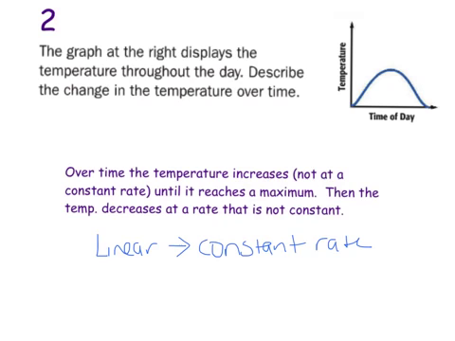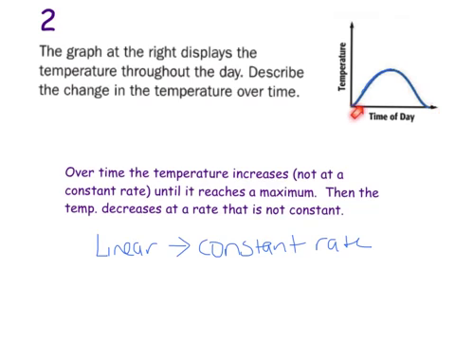Here this is clearly increasing. So it starts out and it's increasing not at a constant rate. We could say over time the temperature increases not at a constant rate until it reaches a maximum, and then the temperature decreases at a rate that is not constant.